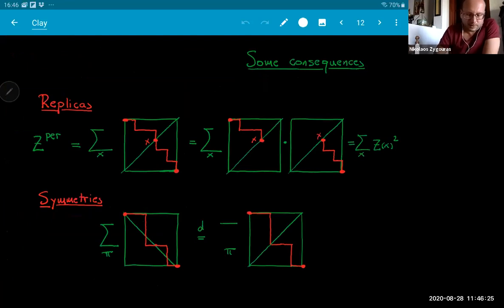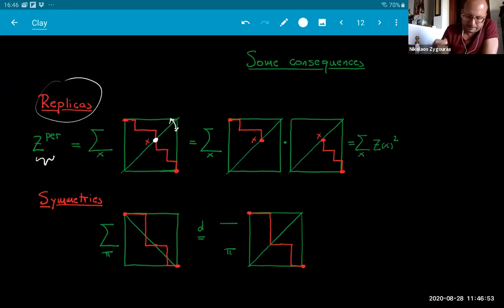Okay, what are some consequences of this? The first one is I'm going to talk about replicas. So suppose that I'm looking at the partition function of a polymer in a persymmetric environment. I can decompose this according to the point where this directed path hits the diagonal.